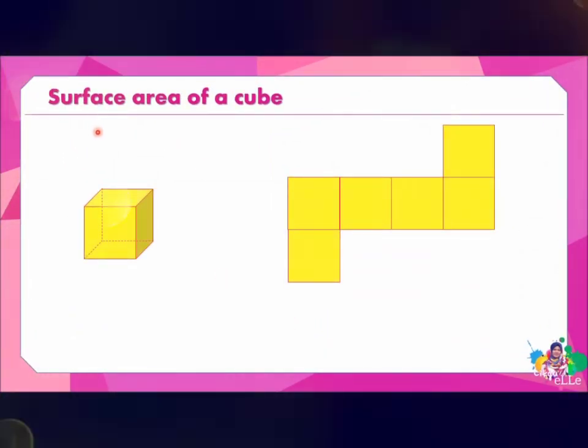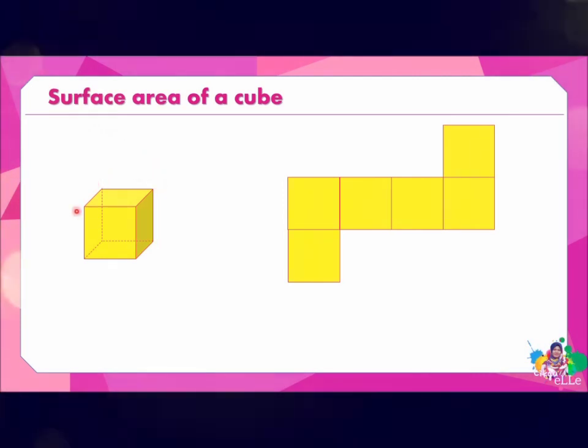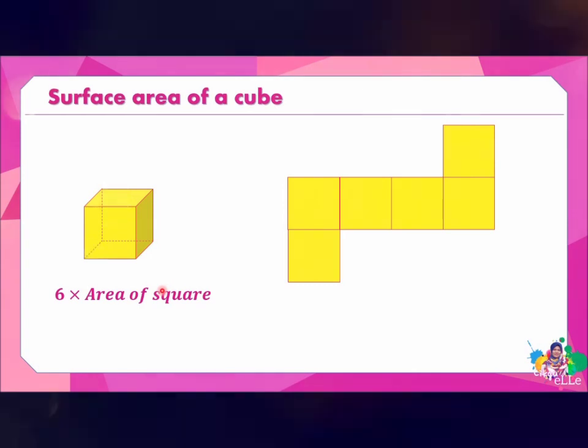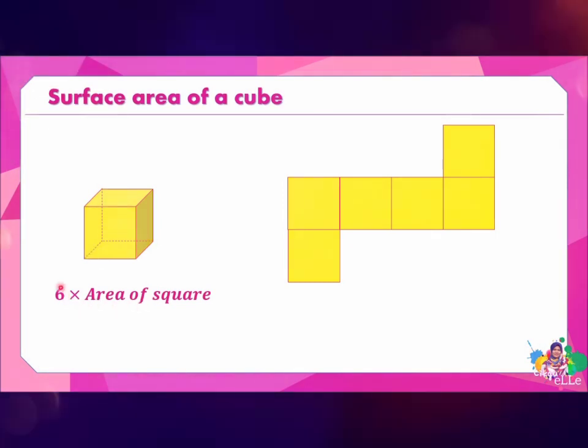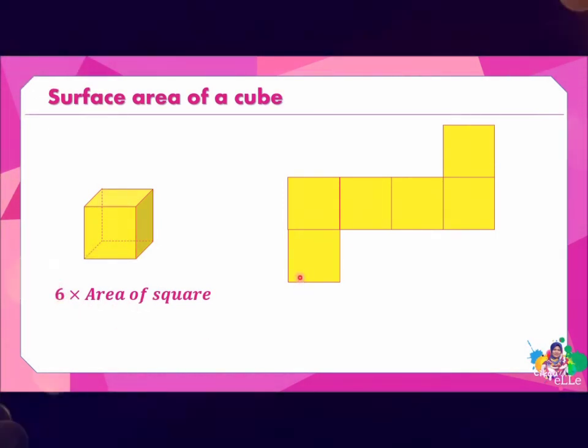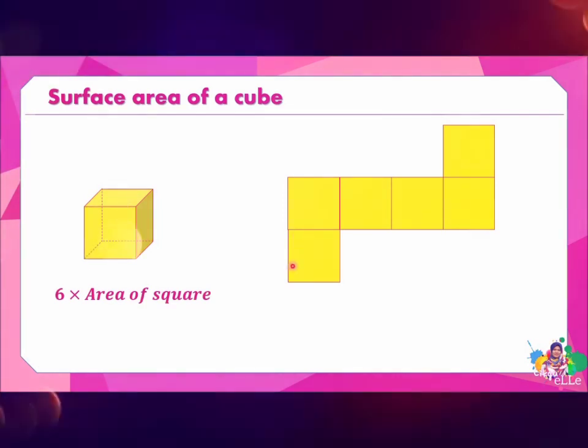Do you know how to find the surface area of a cube? Yeah, to find the surface area of a cube, you have to find the area of the square and multiply by 6, because a cube has 6 square faces.